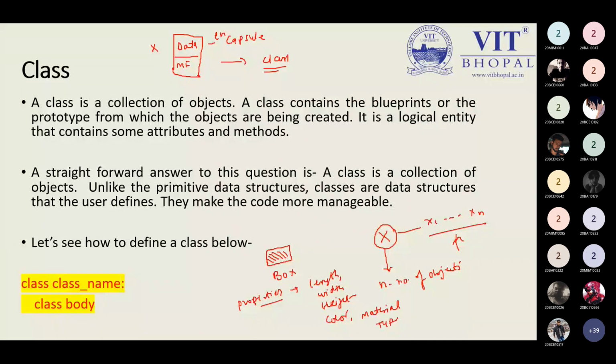Okay, so what is the functionality of this box? Tell me the functionality of the box. To store objects. Storing is one function. Any other functions? Any other function you are remembering?